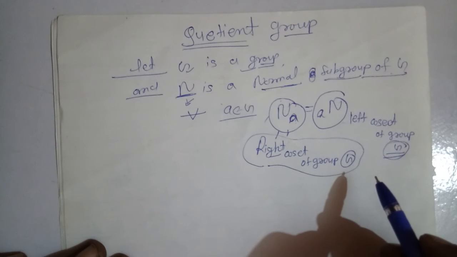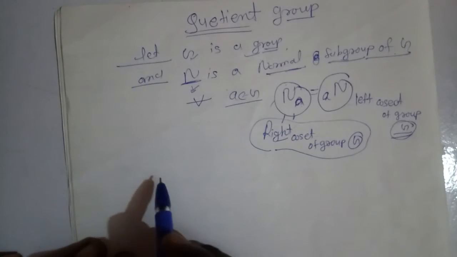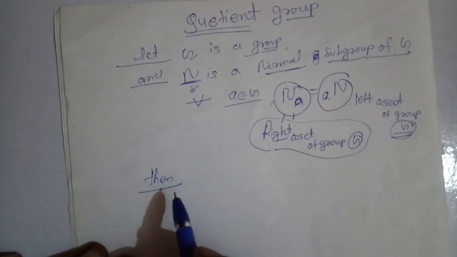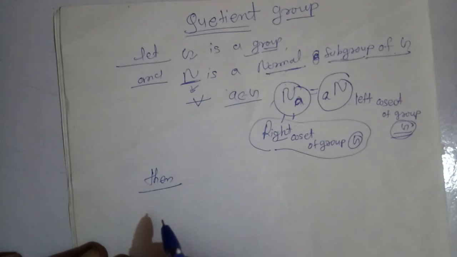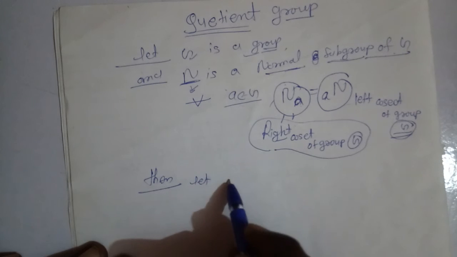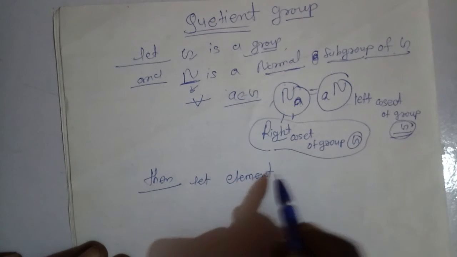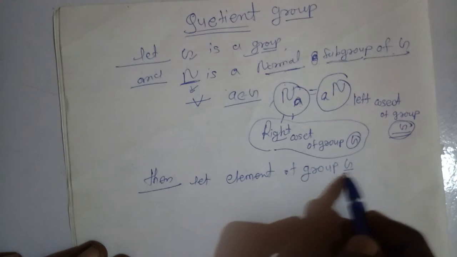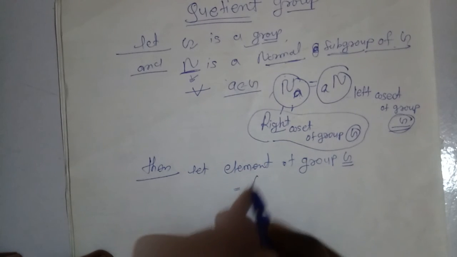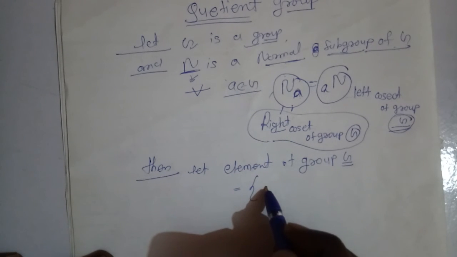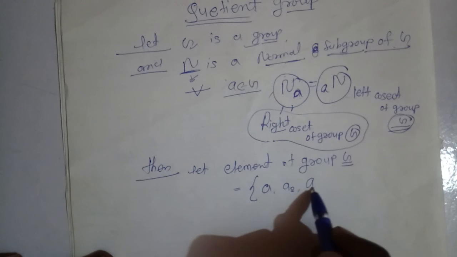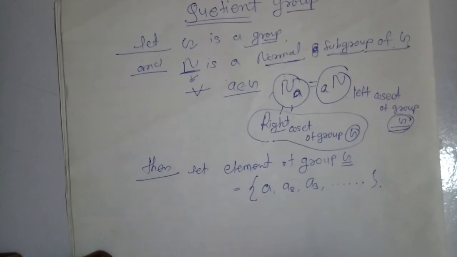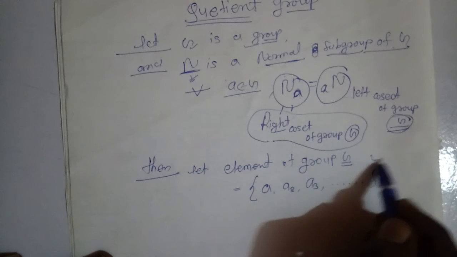Okay, then what is the element of group G? Let the elements of group G be A1, A2, A3 and so on.